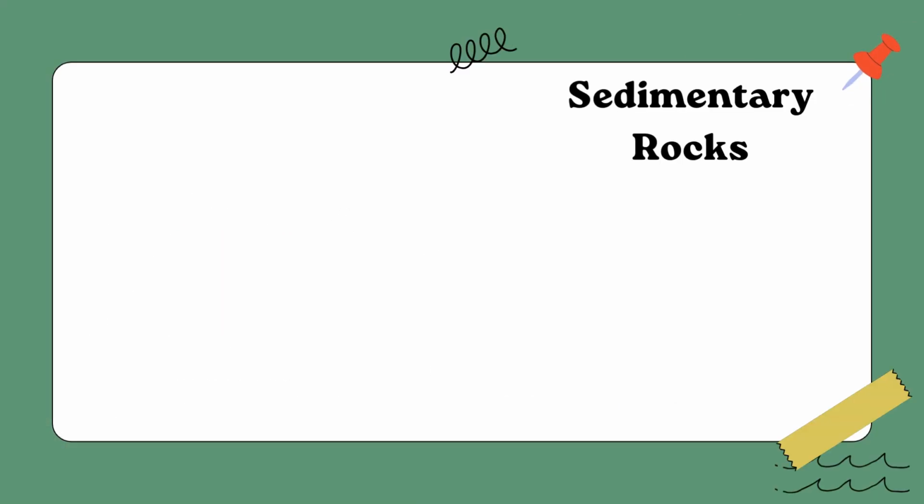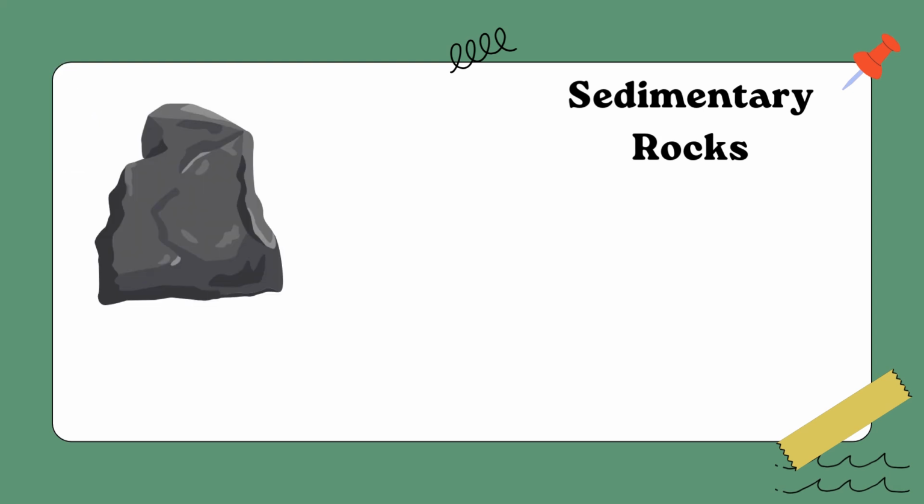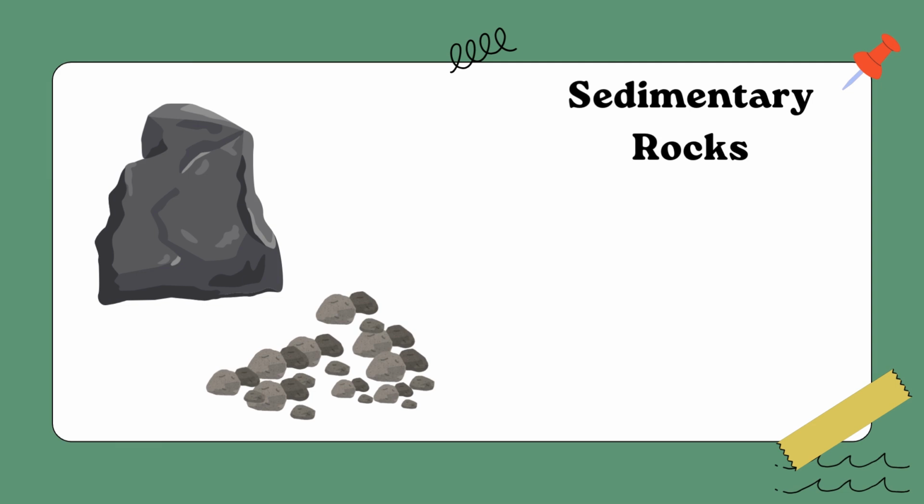Now let's look at sedimentary rocks. Sedimentary rocks, in short, are made up of sediments. Now what are these sediments? When rocks break down due to any reason, due to falling down or due to weather or any condition, when these bigger rocks break into smaller rocks or small fragments, these smaller rocks or small fragments are known as sediments.